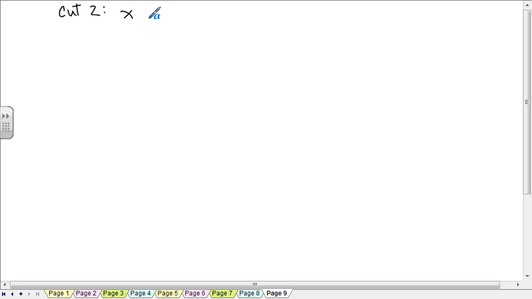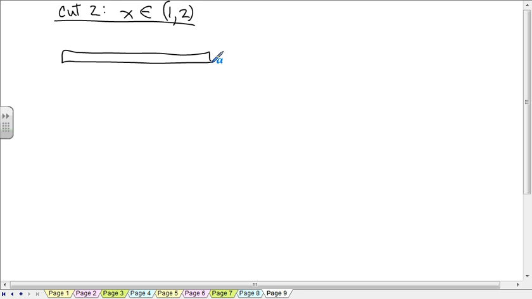So cut 2 is valid on the interval 1 to 2. We still have a piece of the triangular distributed load. This distance is x. So if this length is x, what's the height of this triangular distributed load?